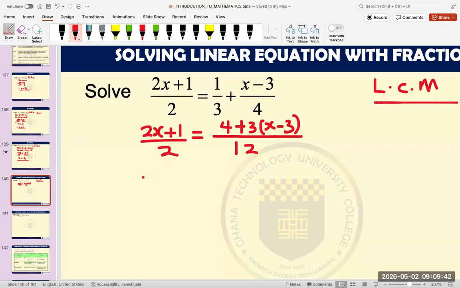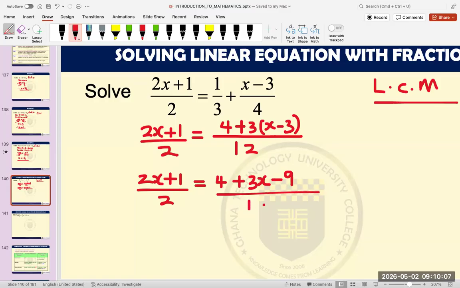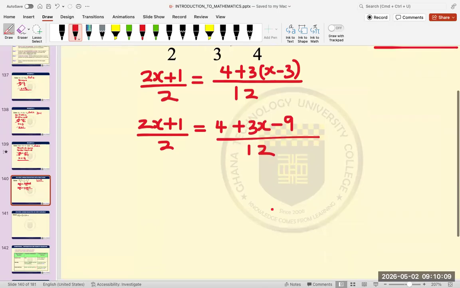So we repeat, 2x plus 1 divided by 2 is equal to, we expand the top, 4 plus 3 times x, you have 3x. 3 times -3, you have -9 divided by 4. So we try and simplify.